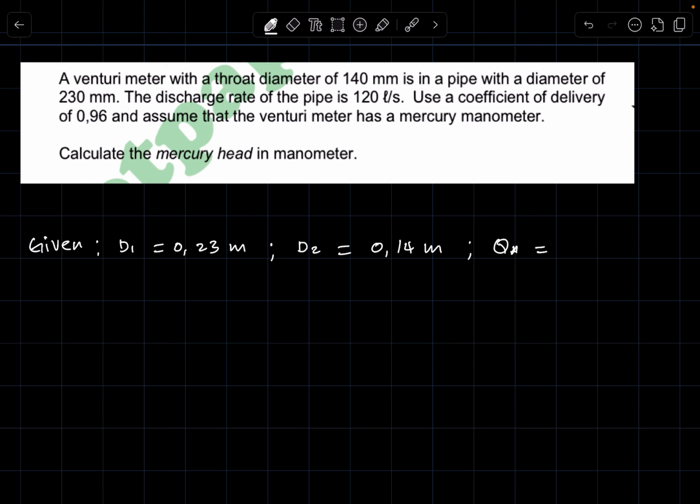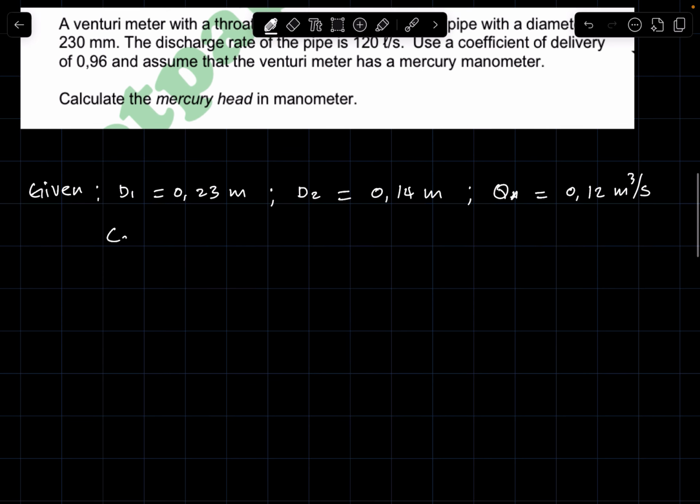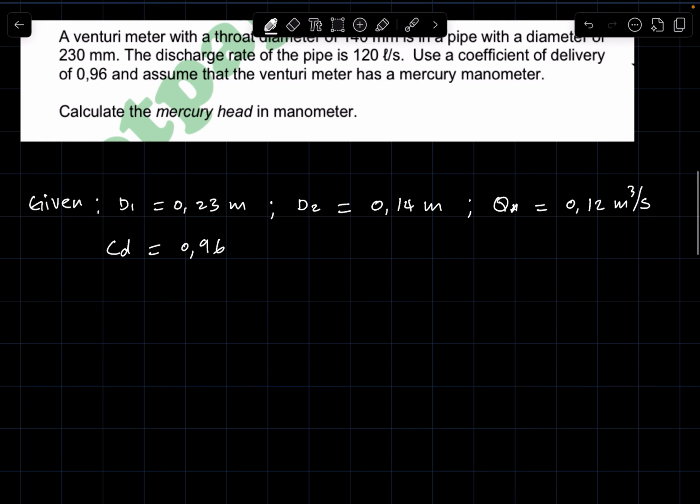So 120 divided by 1,000 equals 0.12. Now this is in cubic meters per second. We've also been given CD, and CD is 0.96, and then they want us to calculate HG.